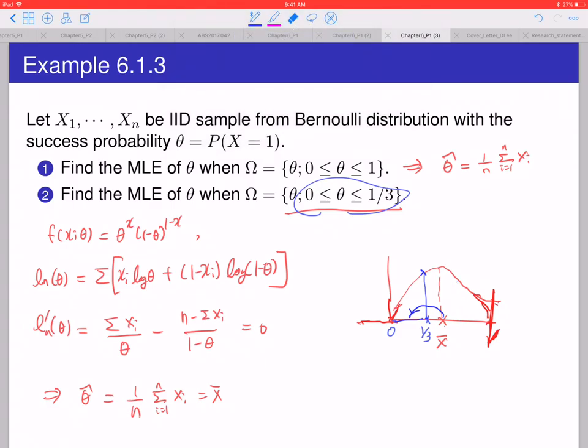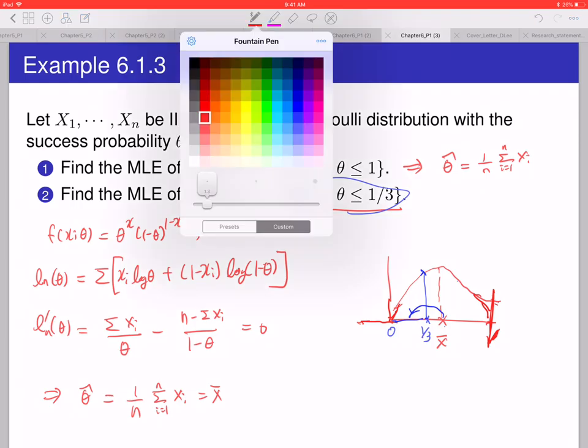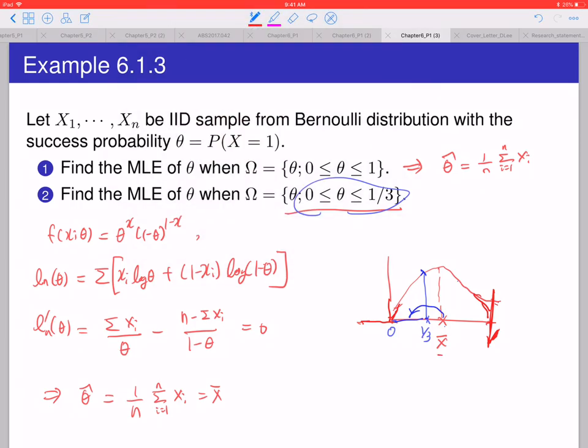Okay. If x bar is here, then the density function will be something like this. Then the maximizer, theta hat, is the minimum of x bar and 1 over 3. If x bar is less than 1 over 3, then it's the maximum.